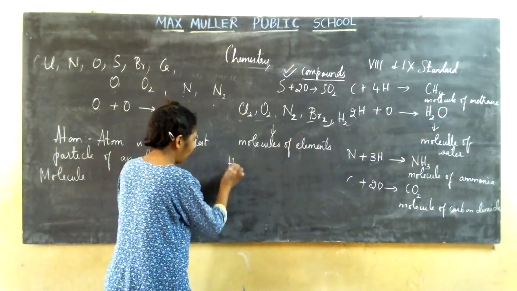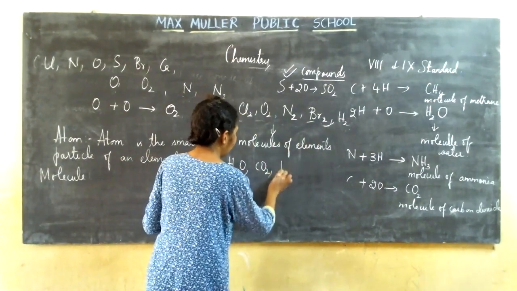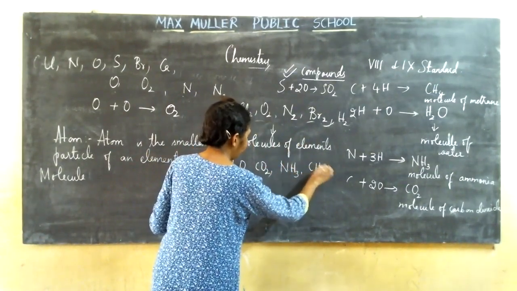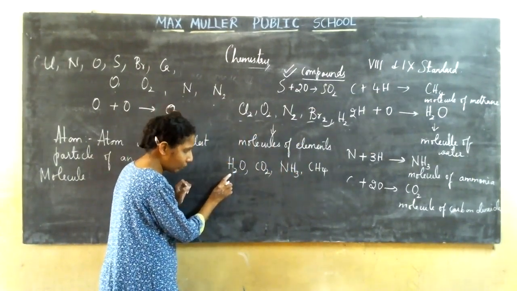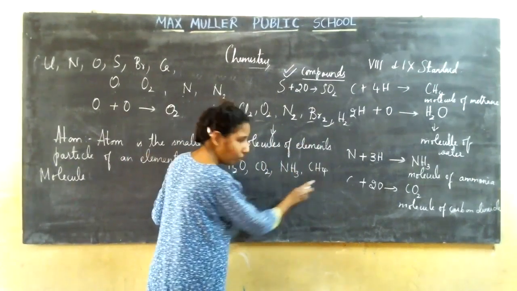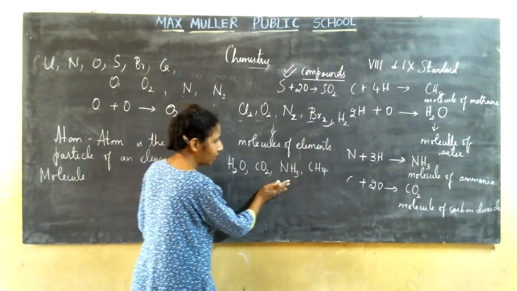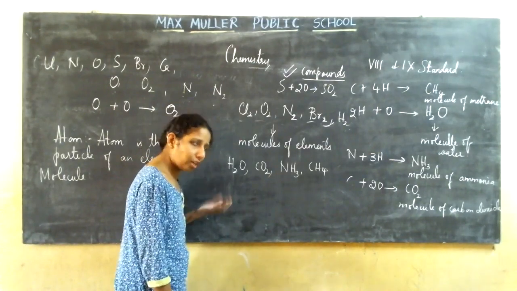But if I write H2O, CO2, NH3, CH4, this represents a molecule of water, a molecule of carbon dioxide, a molecule of ammonia, a molecule of methane. What are water, carbon dioxide, ammonia, methane? They all are examples of compounds.